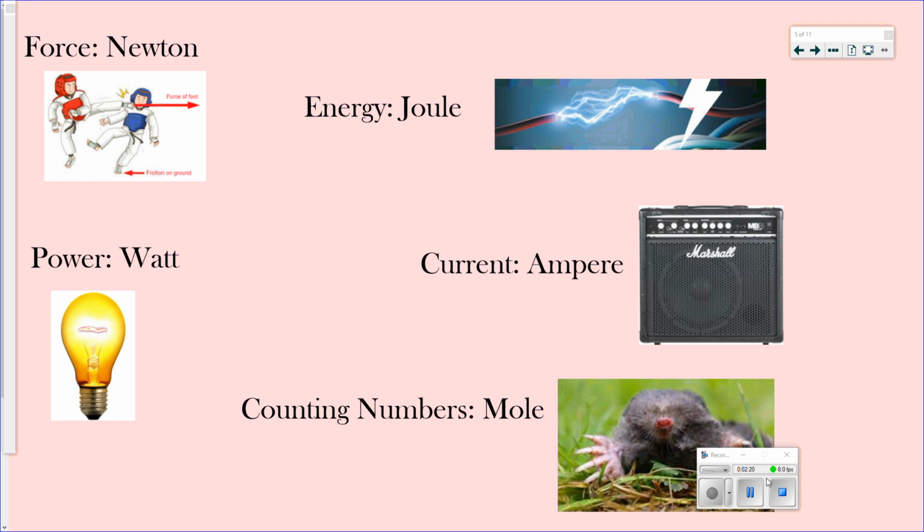And counting number, which we probably won't use in physics, but you will use quite a bit in chemistry, counting number is considered the mole. A mole of anything is 6.022 times 10 to the 23rd units, things. But I had to put a picture of a mole up there.